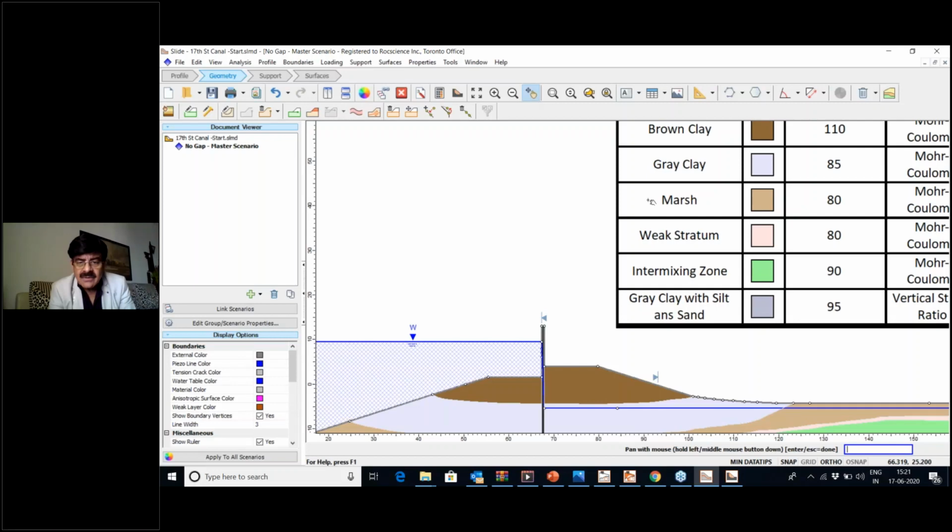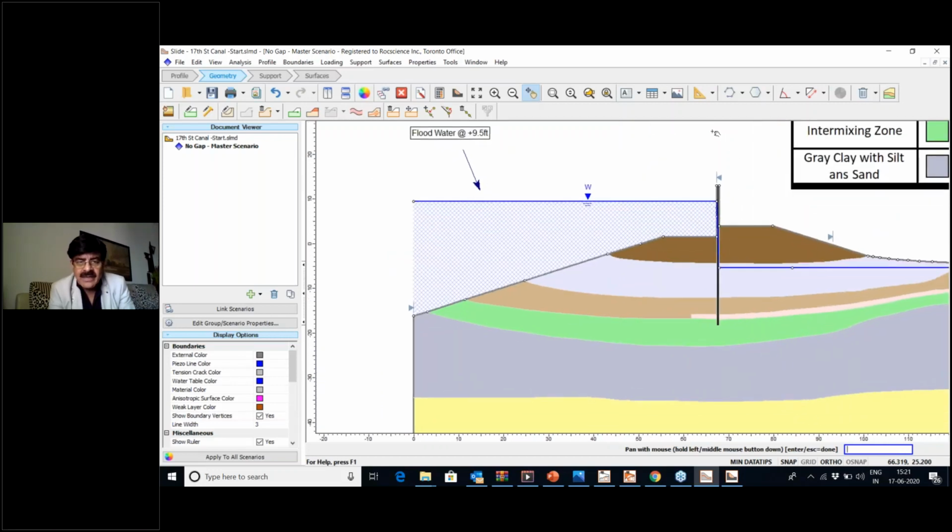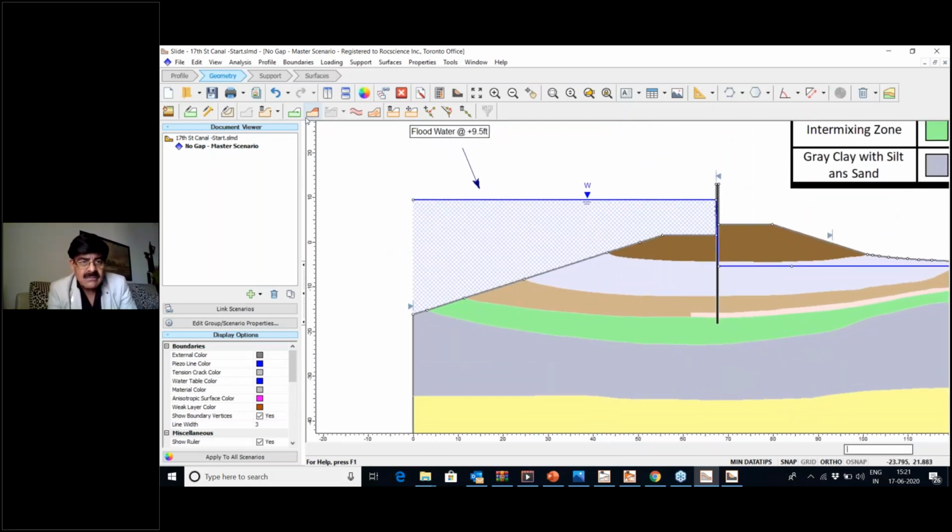That's the add tension crack option. So we will choose this side of it, and then in a horizontal here, you will just see what I'm trying to do. I'm trying to apply the tension crack to the model there.